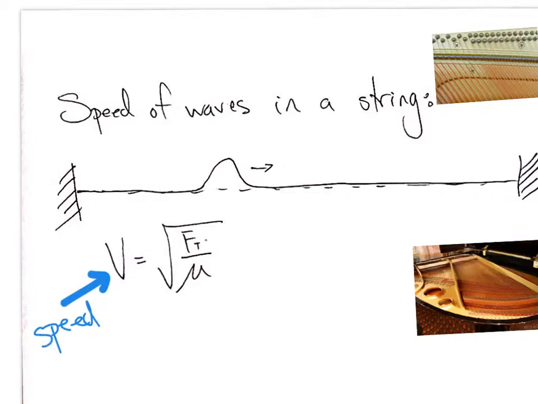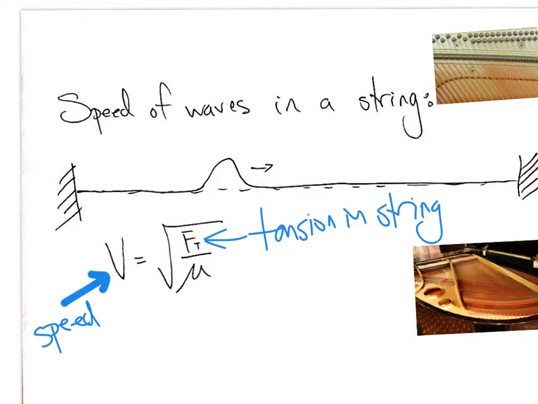And if we talk about the wave speed, how fast the waves go, it's going to be related to the tension in the string. So if you're a music person, maybe you play guitar or banjo or whatever, and you're tuning the guitar, what you're doing is actually increasing or decreasing the tension.